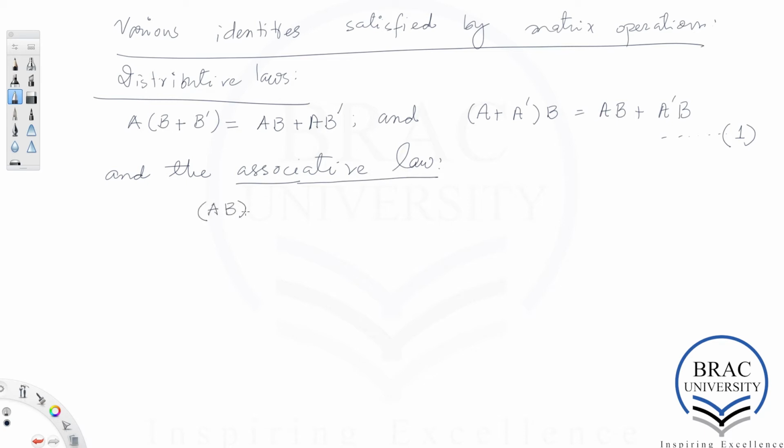First you multiply A with B and you get a matrix, and you multiply the resulting matrix with C, and that has to be equal to A times the matrix that you get after multiplying B with C. This is what we number by 2.